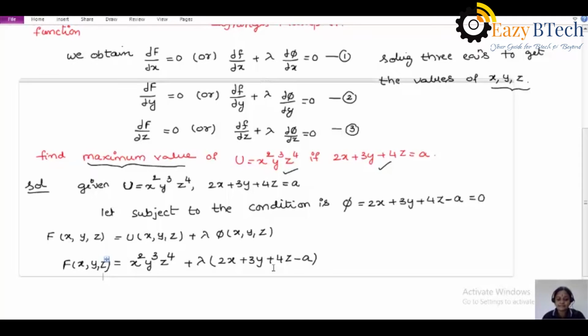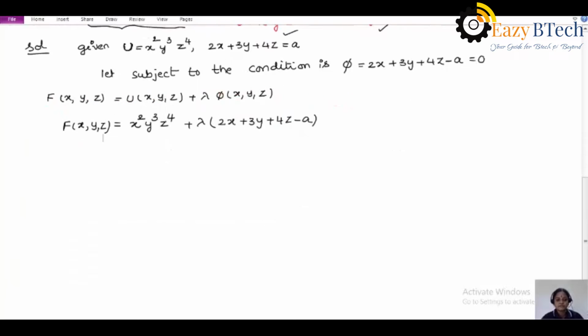Then after writing Lagrange's function, now doing partial differentiation of Lagrange's function with respect to x and y and z and equating to 0. Okay. Now dou f by dou x.